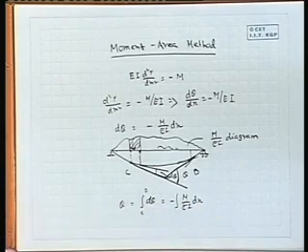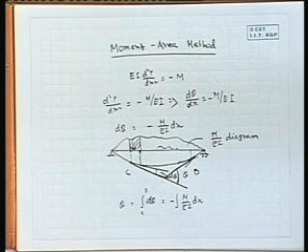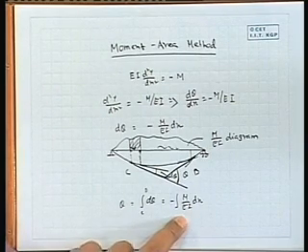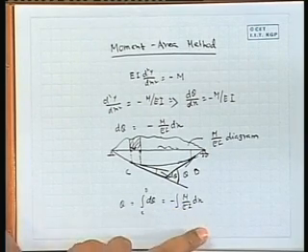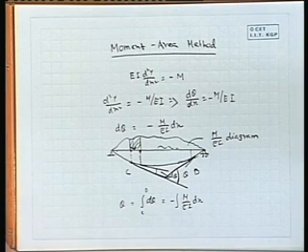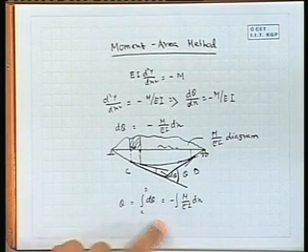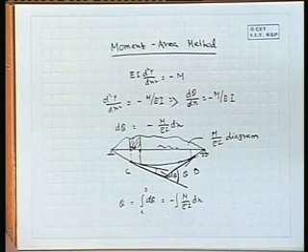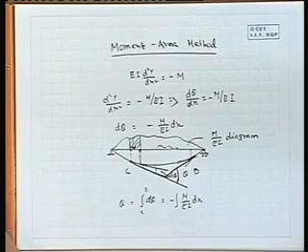And this is nothing but the integration of M by I dx. So we obtain the integration of M by I dx, which means from C to D, we calculate the area of the M by I curve ranging from here to here.